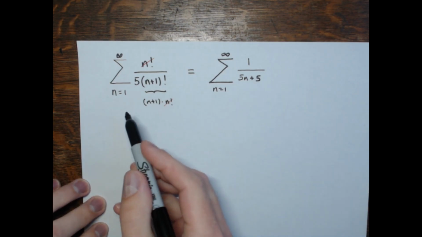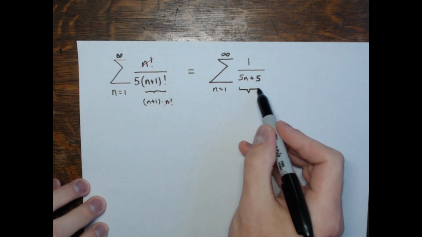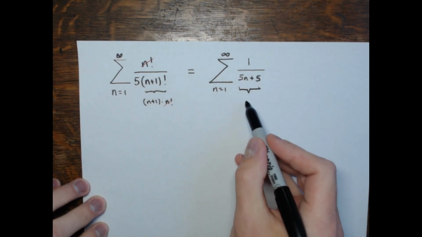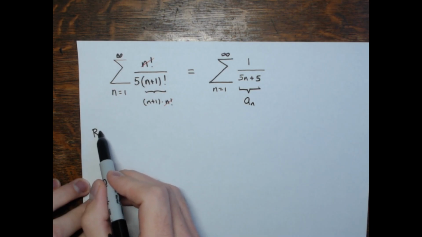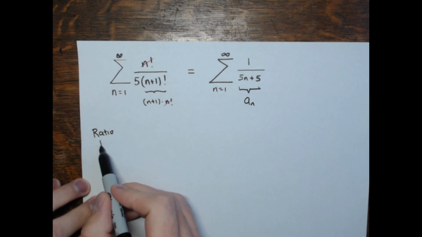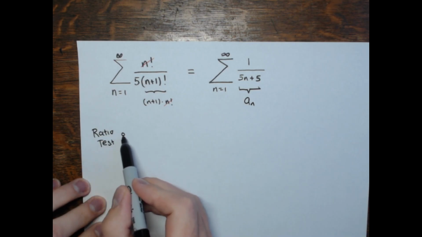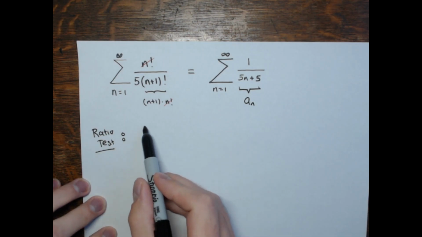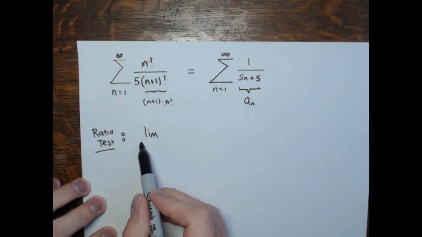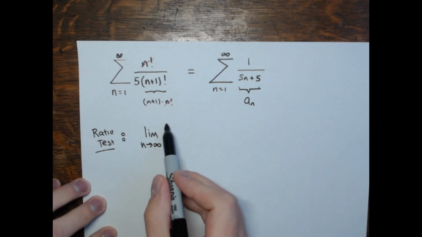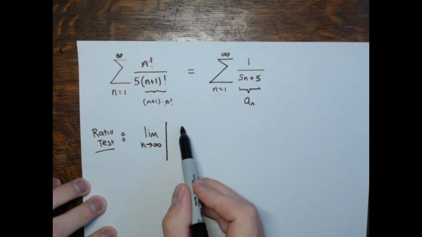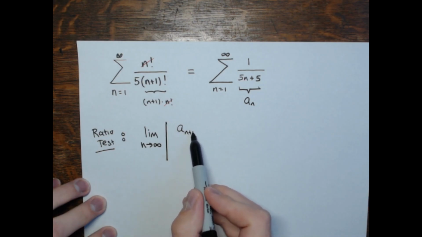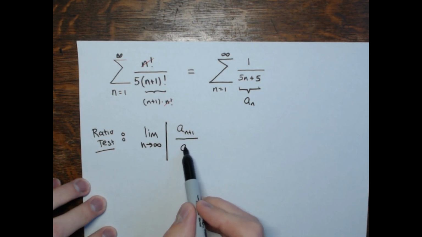But this is the same as this, so let's call this a sub n. They are asking me to use the ratio test. So remember, that's to find the limit as n approaches infinity of the ratio of the n plus first term to the nth term.